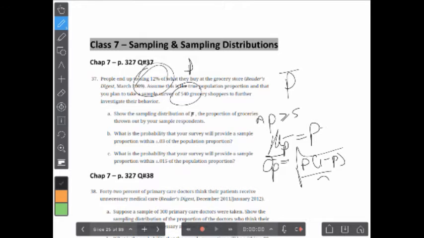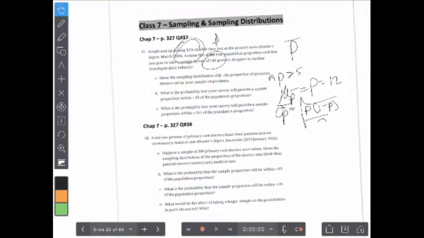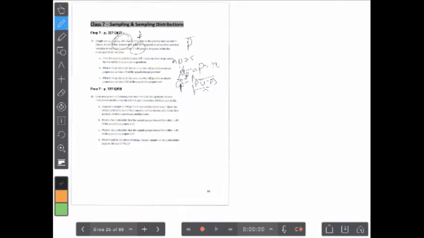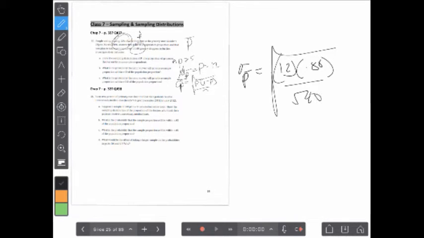So P is equal to 0.12, and we compute sigma P-bar using 0.12 times 0.88 over 540. Whatever that turns out to be is your standard error. So we now have the mean and the standard error, the two parameters for the sampling distribution.